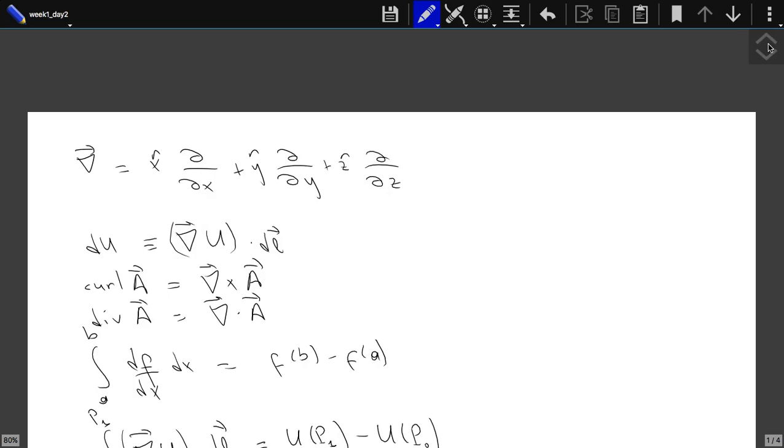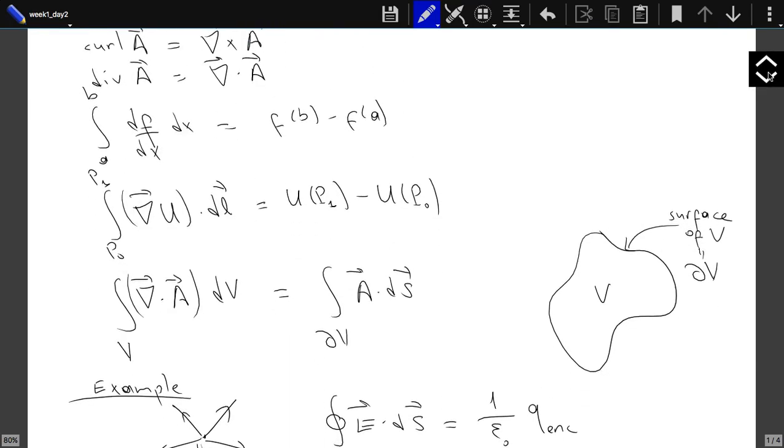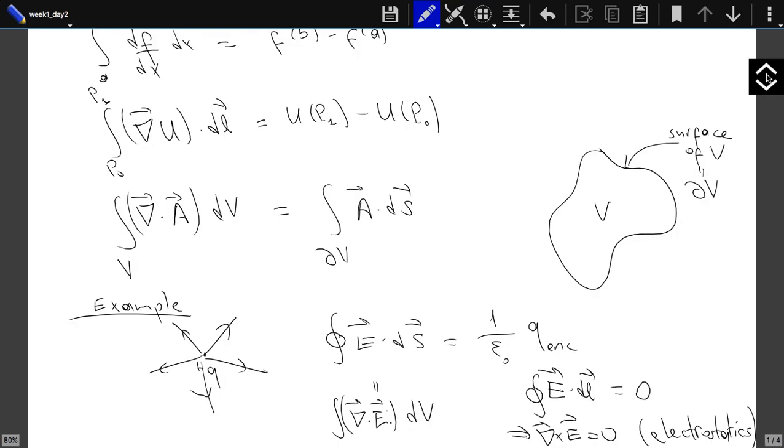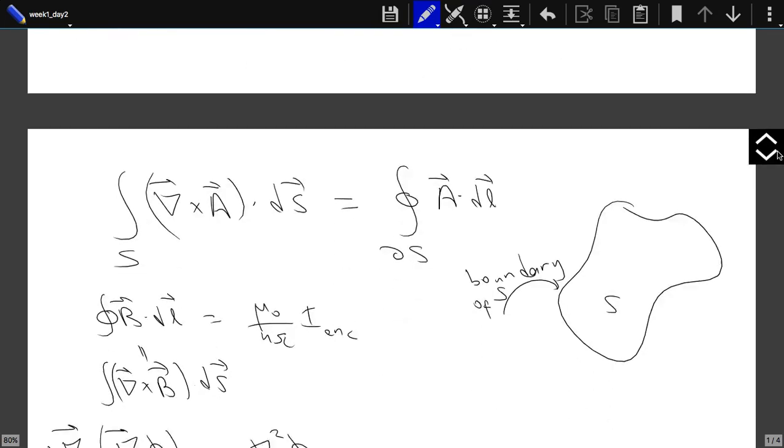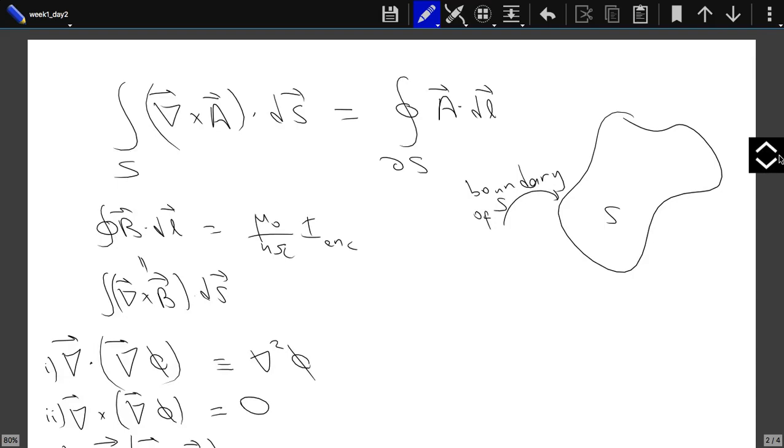This is the definition of the gradient of a scalar function. We only use this one. To obtain the curl and the divergence in different coordinate systems, the only thing you need will be, well, this one. From here, using this definition, you can derive the divergence. And from this definition, on the first line, you can derive the curl in spherical or in any other coordinate system.